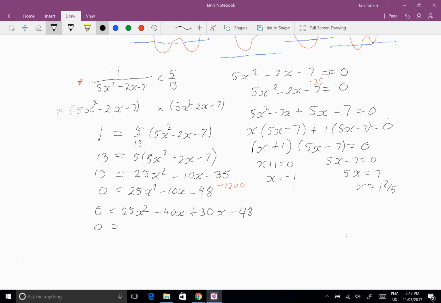And that'll give me, now I'll take 5x out of this, and I'll get 5x minus 8. Then I'll take 6 out of this, and I'll get 5x minus 8.